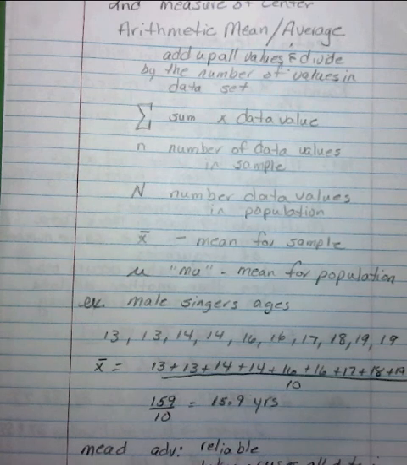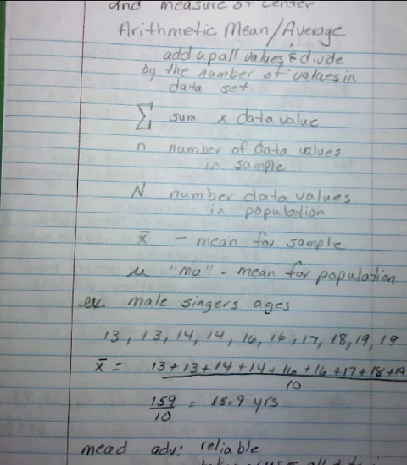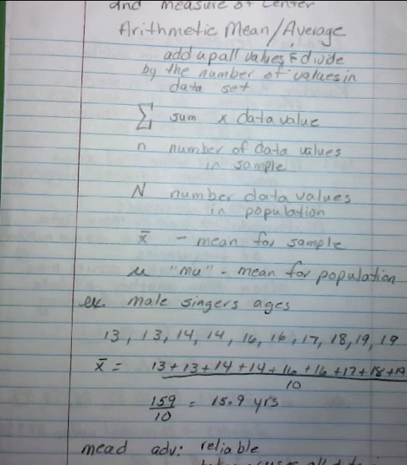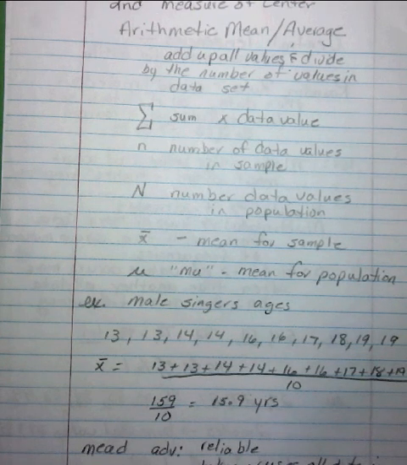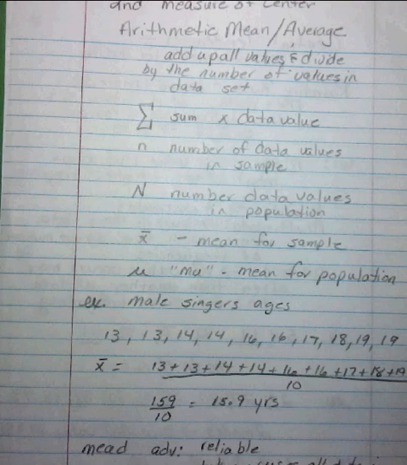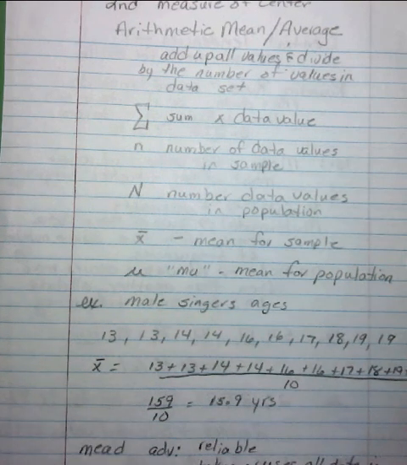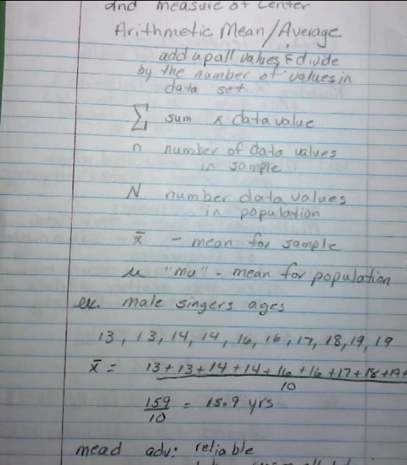The disadvantage, however, is that it is not resistant. And what that means is that if you have extreme values, it is affected by those extreme values. It will make a difference in the answer when you have extreme values.